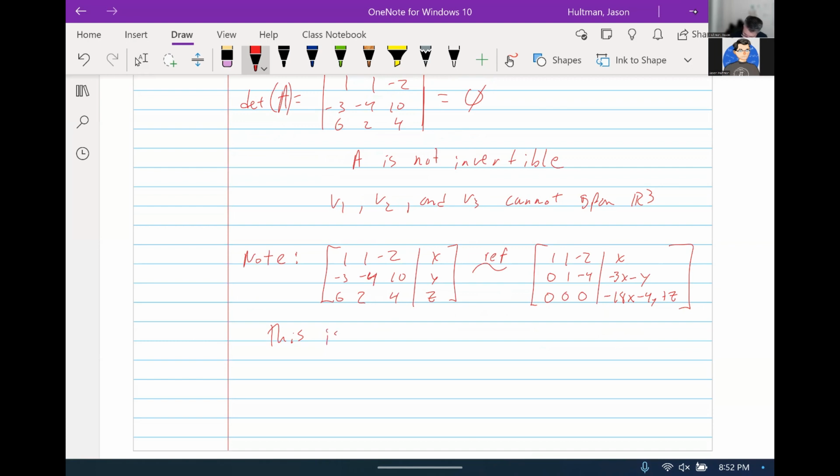Okay, this is only consistent if negative 18x minus 4y plus z equals 0. Okay, and this is the equation of a plane. Okay, since they're all linear.